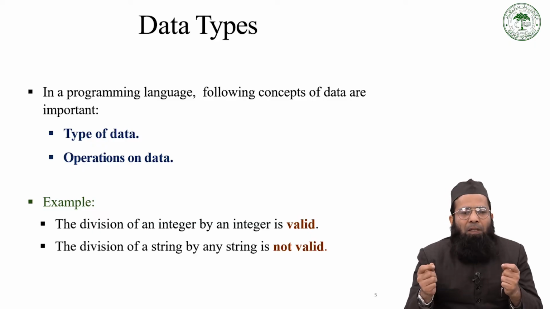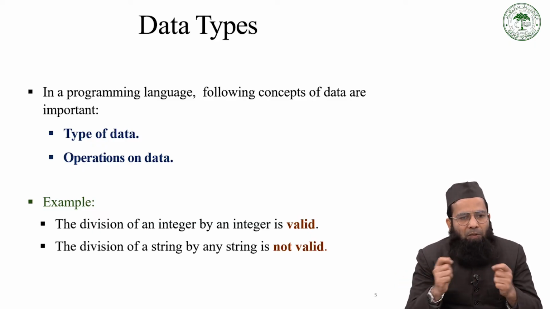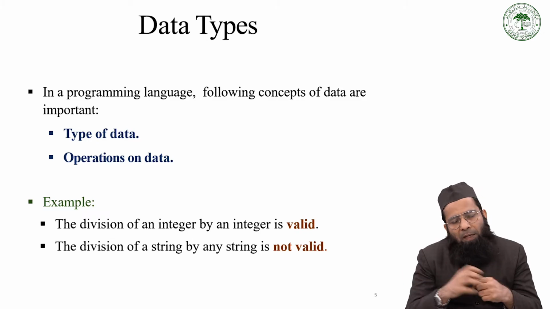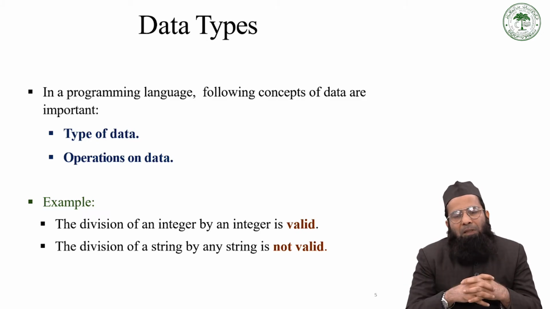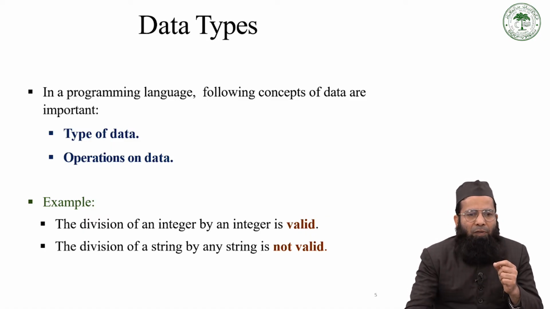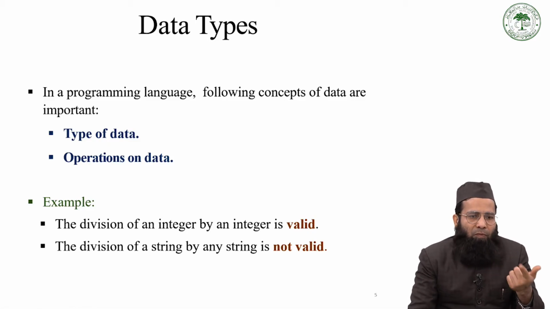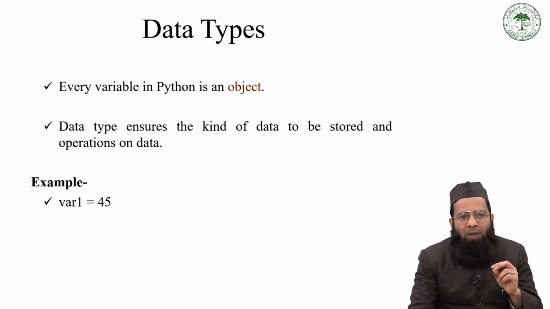Although we can compare one integer to another integer, pattern matching is not as such. Similarly, the division of an integer by an integer is valid. The division of a string by any string is not valid. So this operation is not valid as far as string is concerned.